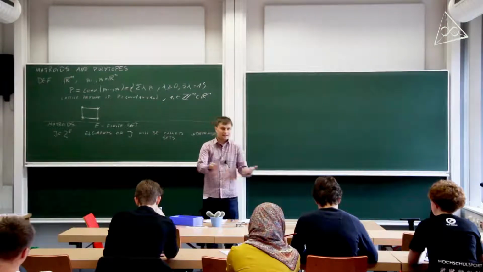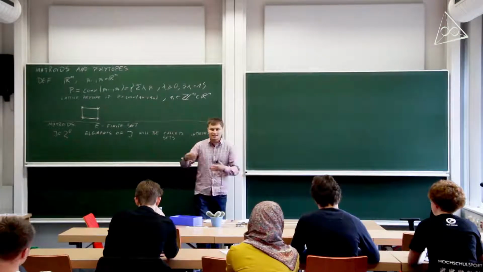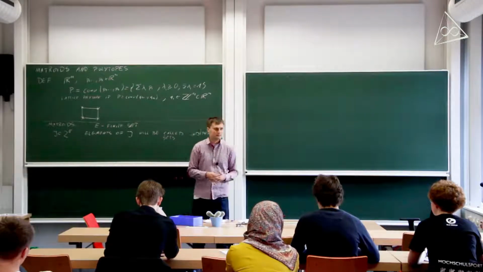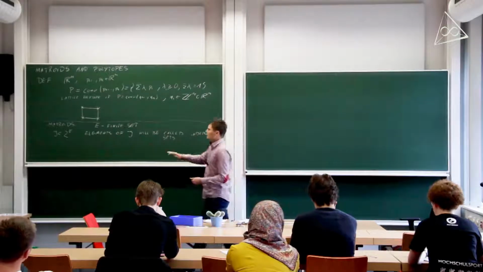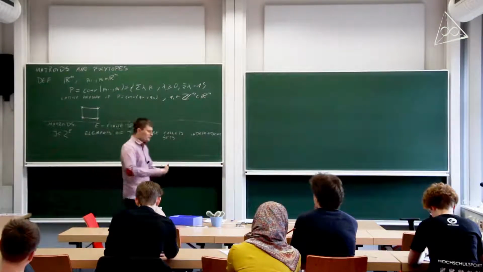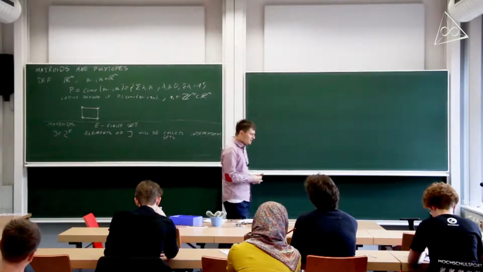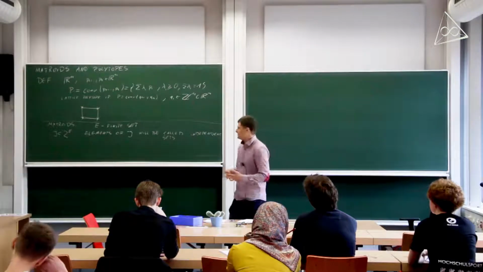Also the group, yes, we start with a set, but then there is also an operation, and it needs to satisfy certain axioms. And in the same way, we will proceed with matroids. It's a family of sets, but of course, we would like to require that they satisfy certain axioms. And let's try to guess these axioms.